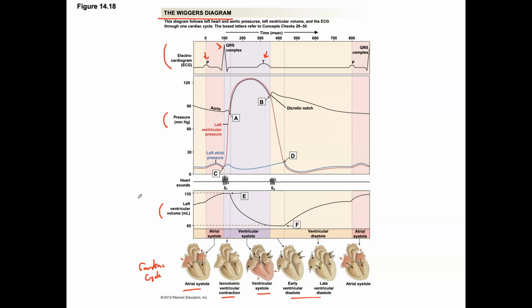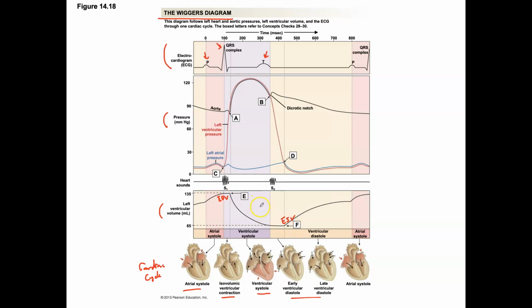And so you can see where the stroke volume occurs. So here we have the end diastolic volume, the amount of blood that's in the heart when the heart has completed its diastole. We can see the end systolic volume.